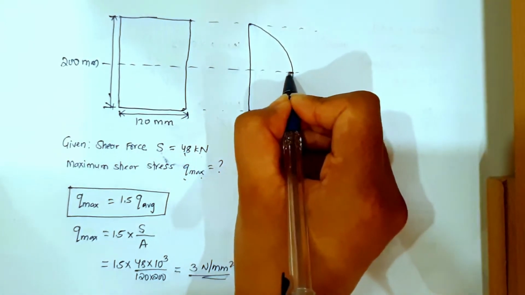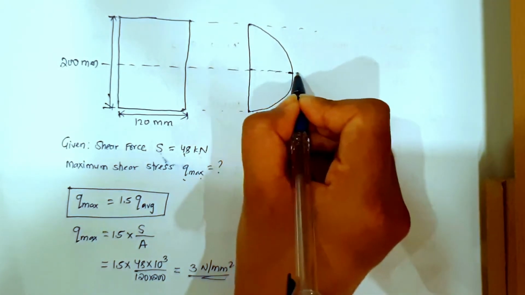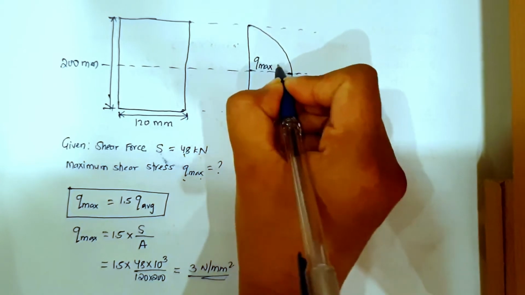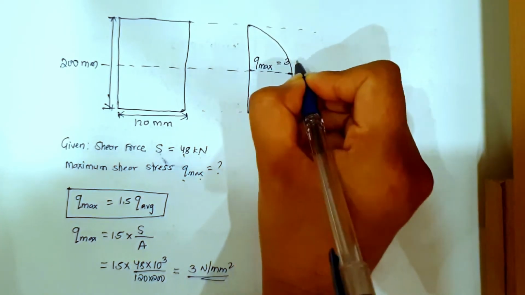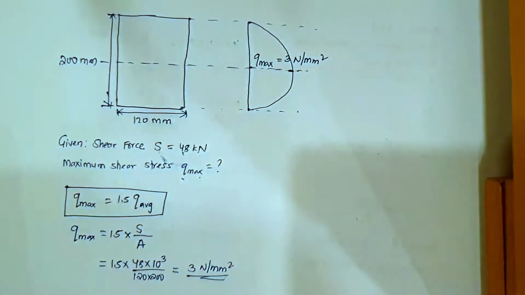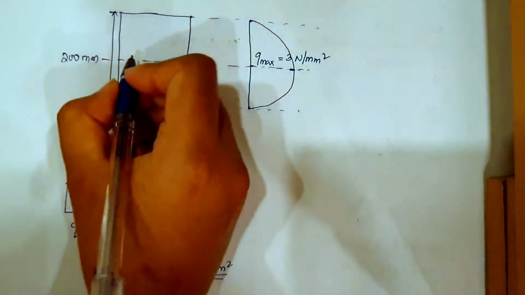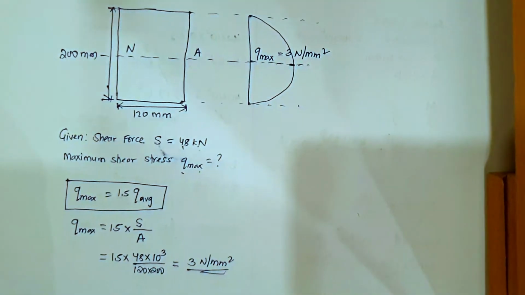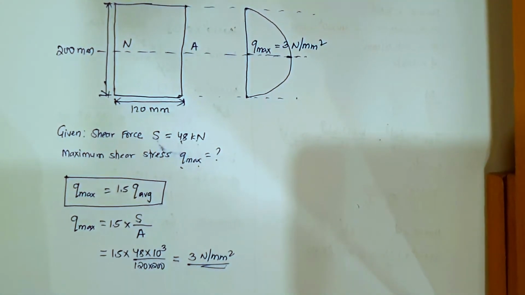So you'll have the maximum shear stress at this point, Q max, which came equal to 3 Newton per mm square. This line here is the neutral axis. So I hope this numerical is clear. It is very simple.